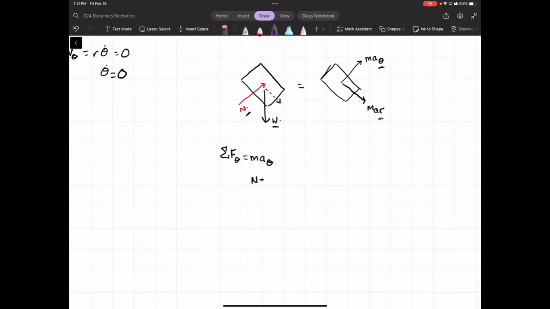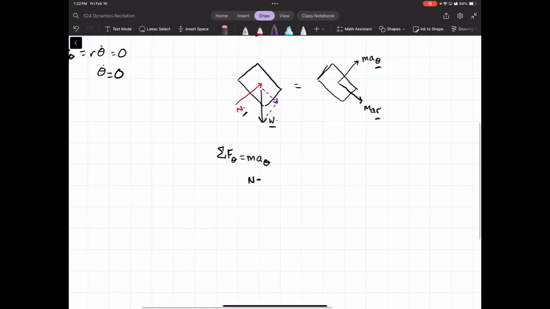So I know I'm going to have some in this r direction and then some in the theta direction. And we know that the arm, which is going this way, is at 45 degrees. So we can say that this angle right here is 45 degrees.